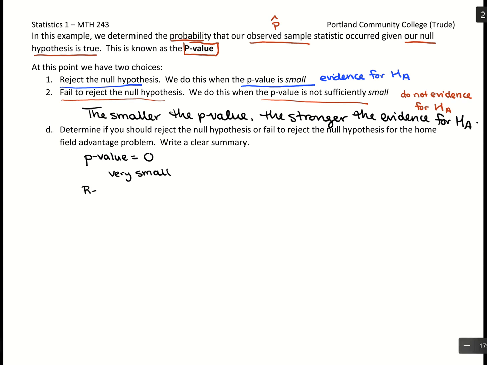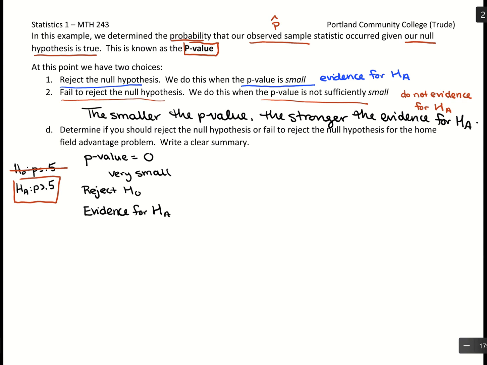We reject the null hypothesis, which is something I like to do if you have your null and alternative hypothesis. So there's our null, here's our alternative. If we're rejecting that null hypothesis, we are literally just going, nope, that's not true. This is true. So this is where we have evidence for the alternative.